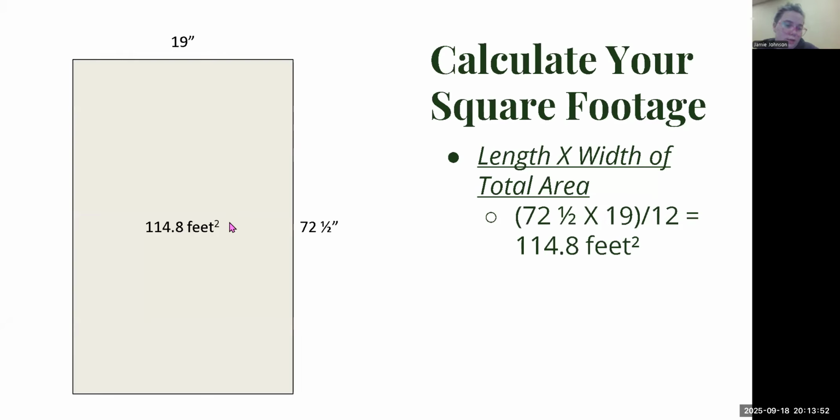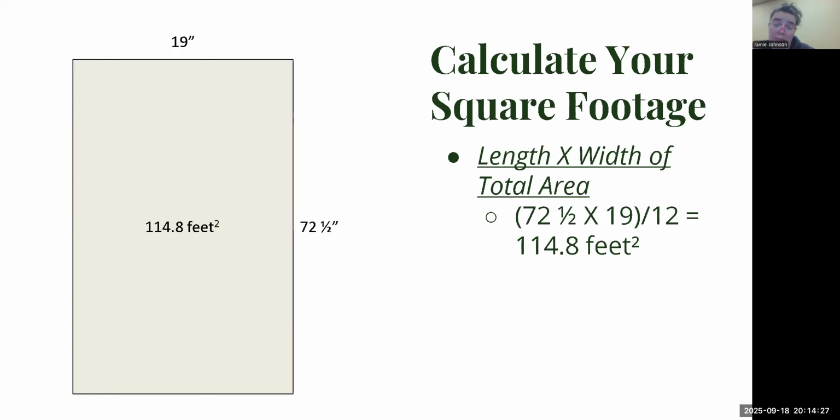Square footage is length times width of squares and triangles. If you have circles, octagons, those things, try to break them up into squares because it's easier. But if you're going for aesthetics and pretty stuff, just Google the square footage calculation. But for squares and rectangles, it's length times width.